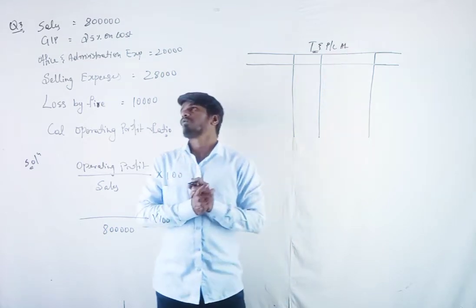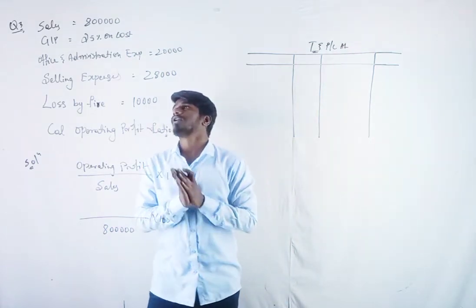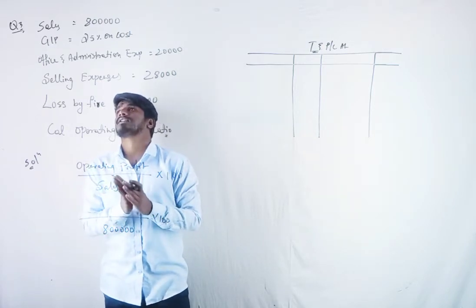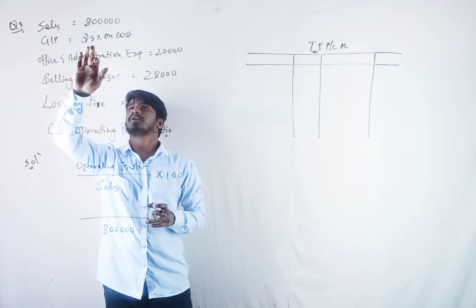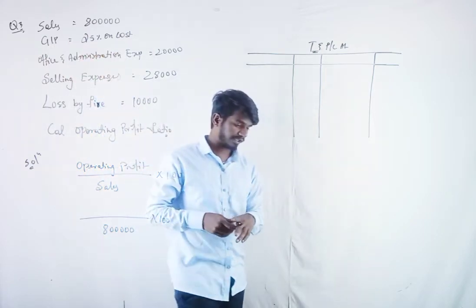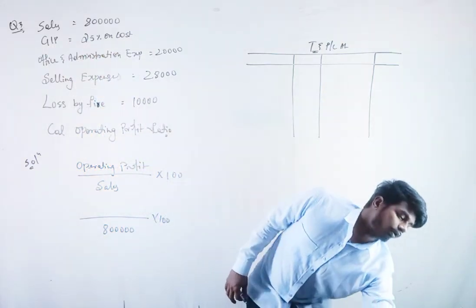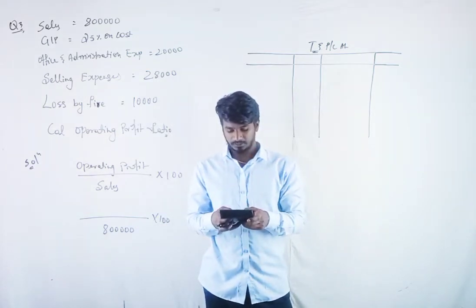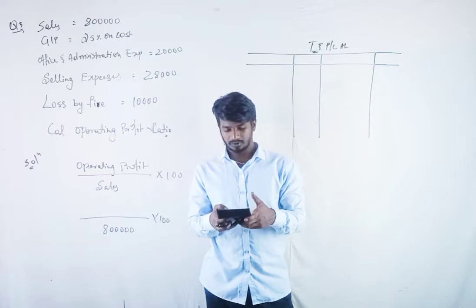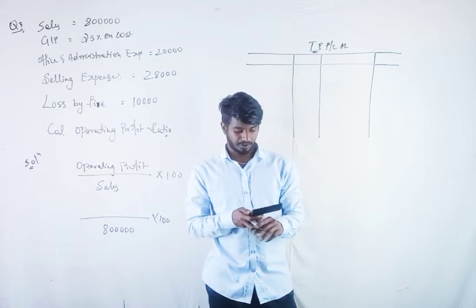What informations they have given? Sales. We have gross profit 25% on cost. 8 lakh into 25 and 25 divided by 125.